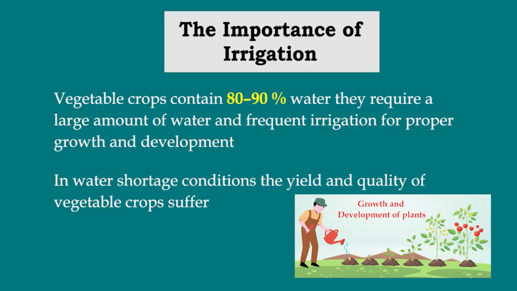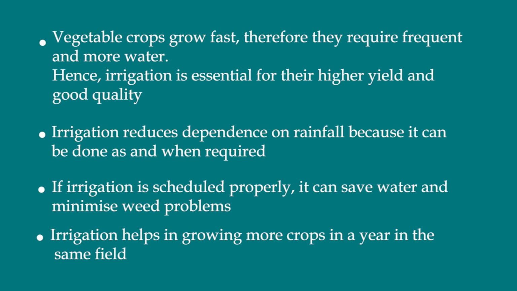Since vegetable crops contain 80 to 90% water, they require a large amount of water and frequent irrigation for proper growth and development. In water shortage conditions, the yield and quality of vegetable crops suffer. Since vegetable crops grow fast, therefore, they require frequent and more water.